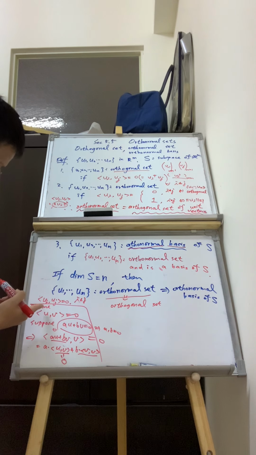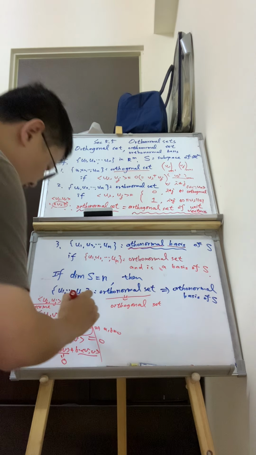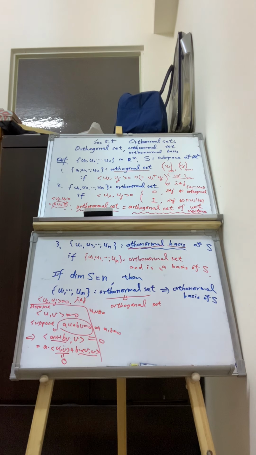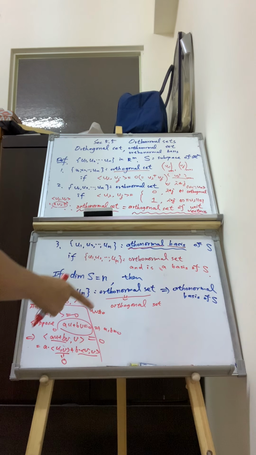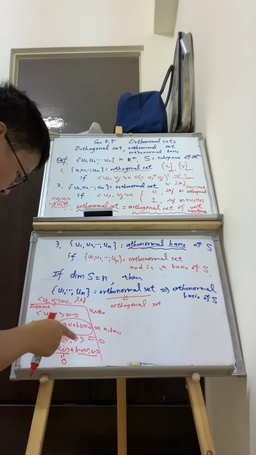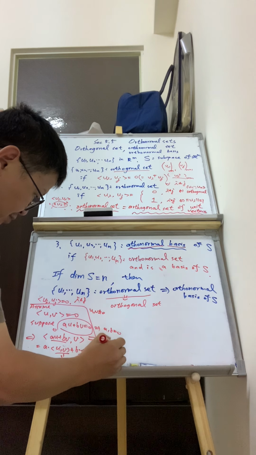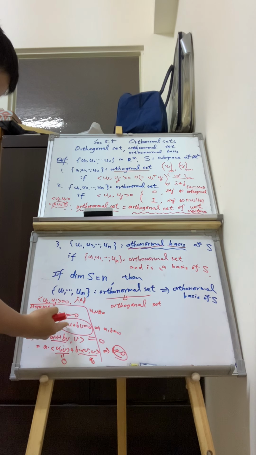Here V is non-zero. If it's an orthonormal set, of course, it's a unit vector. So if V is non-zero, the length is non-zero, so you could figure out b must be 0. Once b equals 0 and U is a non-zero vector, then a must be 0.